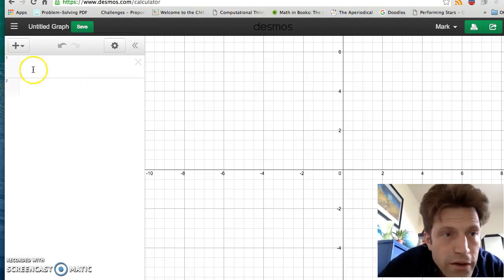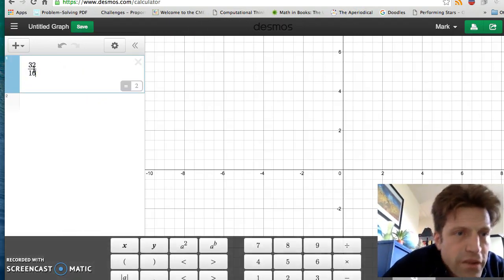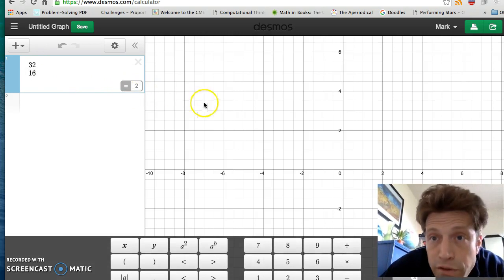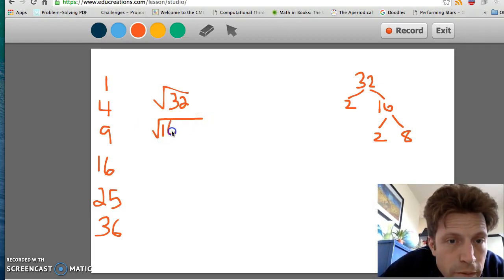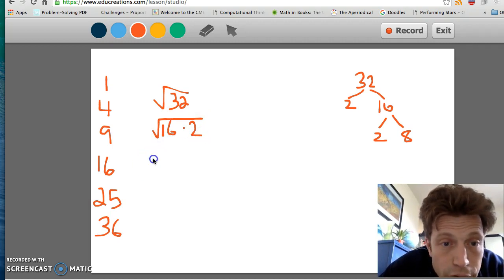This is Desmos. It's a calculator online. 32 divided by 16, 2. Yep, it goes in 2 times. So I'm going to say this is the square root of 16 times 2. Then we get to use a rule here.